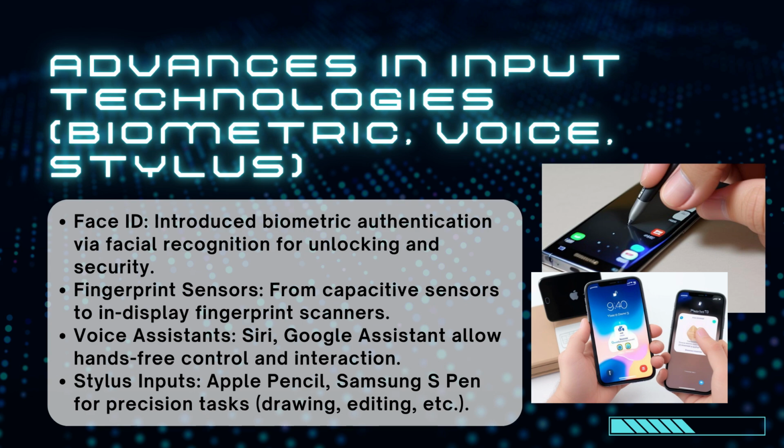Alongside that, fingerprint sensors, whether on the back of the phone or embedded into the screen itself, offered a more secure and convenient way to unlock devices. We also saw the rise of voice assistants like Siri and Google Assistant, allowing hands-free interaction. You could now send a message, set an alarm, or get directions, all with a simple voice command.